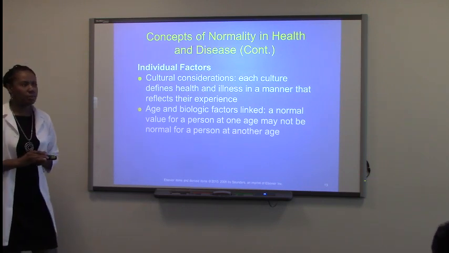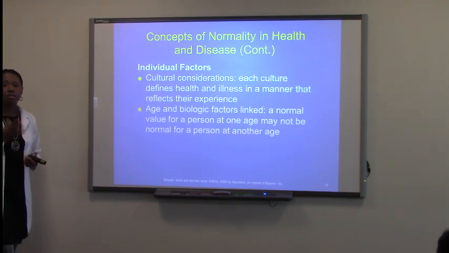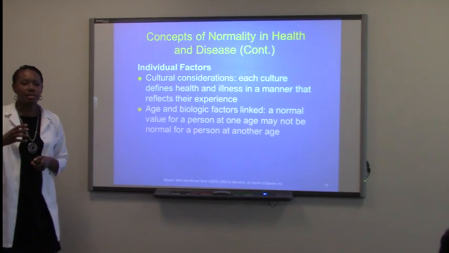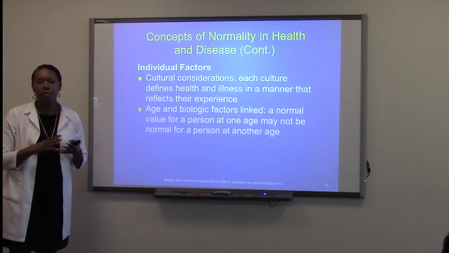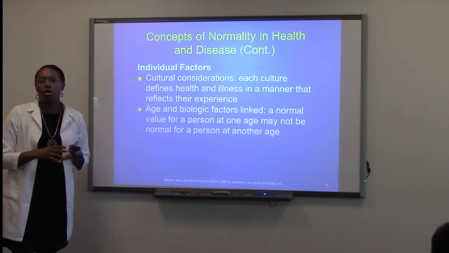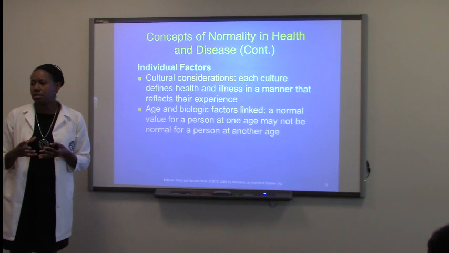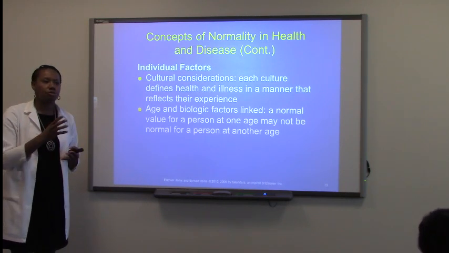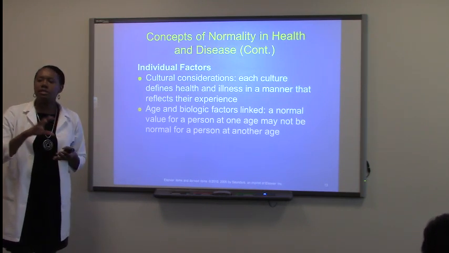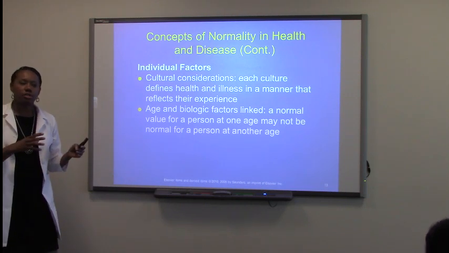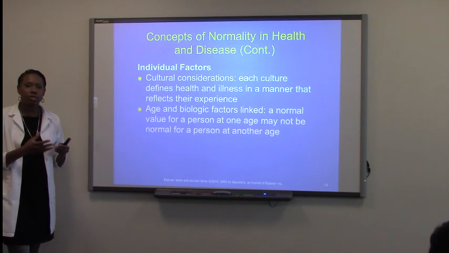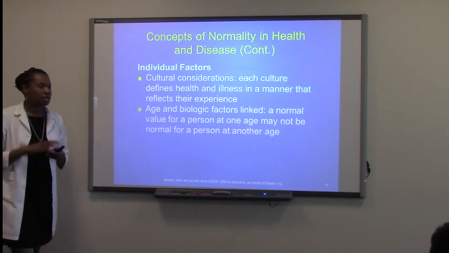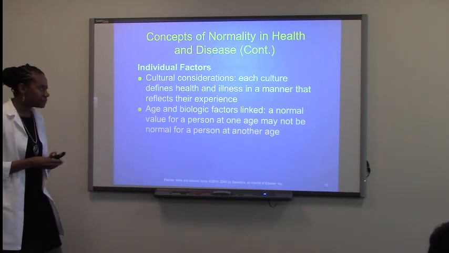Say for example, sickle cell anemia, we know, is one disease that is definitely common amongst African Americans and also people of Mediterranean descent. Also, Tay-Sachs disease is common amongst individuals of Jewish descent. So some of these diseases are more prevalent in certain cultures, and once you see a patient who may have some signs and symptoms that lead towards that, that will be one of the things that stays in the back of your head.